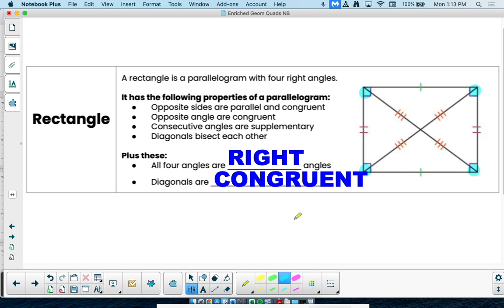The other one that automatically makes it a rectangle would be a congruent diagonal. So I would highlight your diagonals. They are the same length, whereas in a parallelogram they weren't necessarily. But they are for sure congruent in a rectangle.